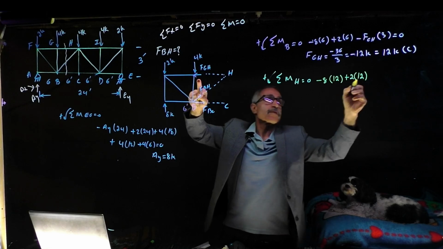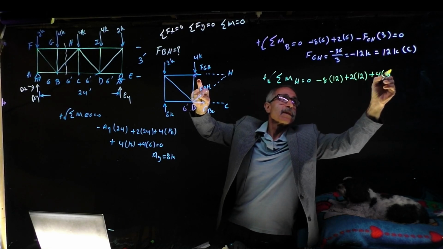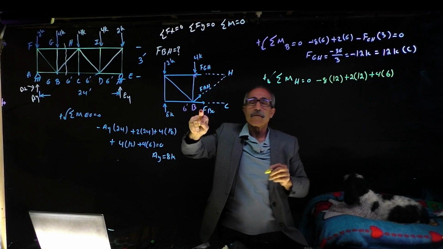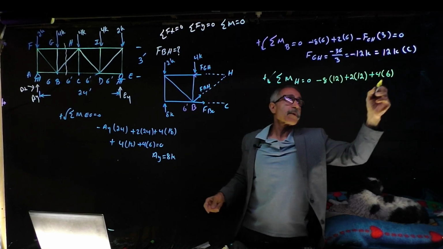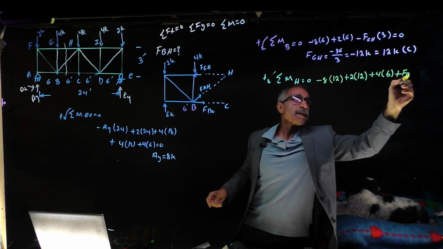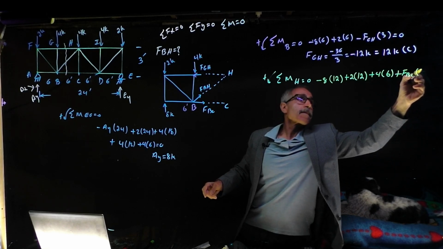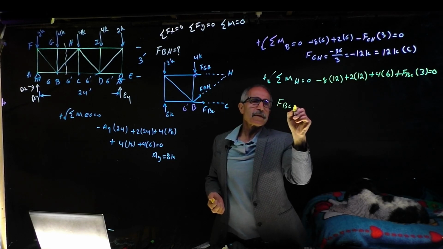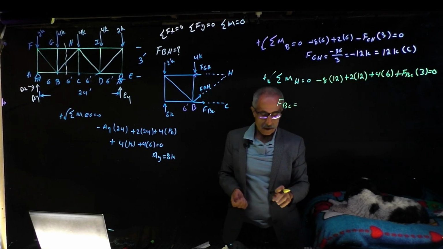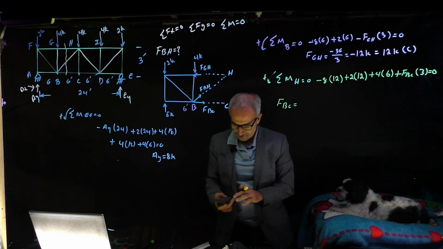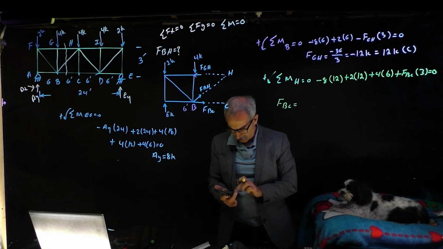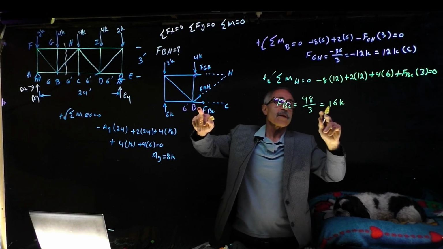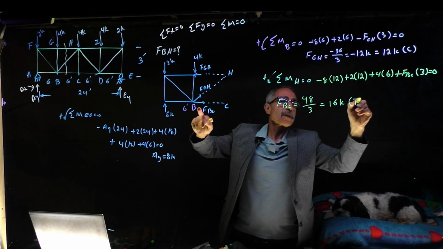And then plus 4 times 6. And this can't take a moment, and that can't take it, and all I have is F of BC, which is plus F of BC times 3 equals 0. So now F of BC is equal to 16 kip, and I assumed it was tension. The number came out positive, so it's in tension, that's correct.